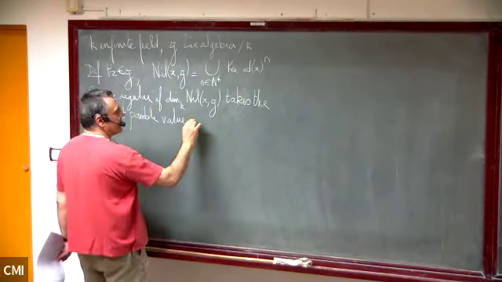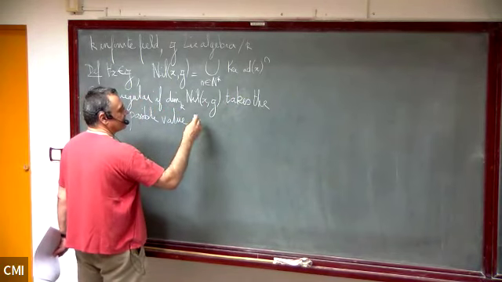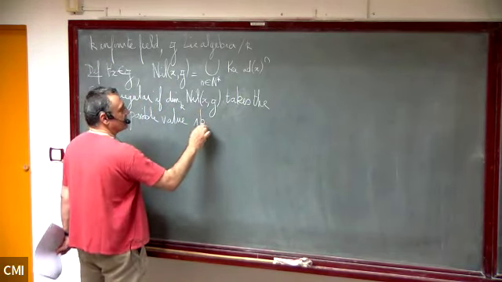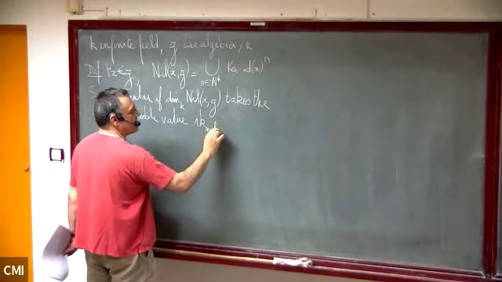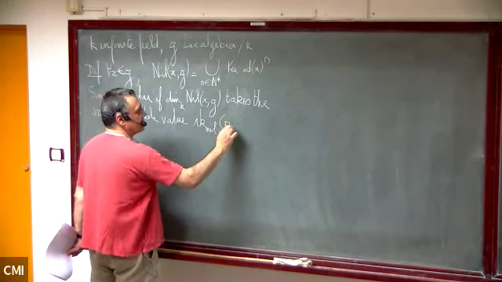And so this minimal value, we will call it the nilpotent rank of G.